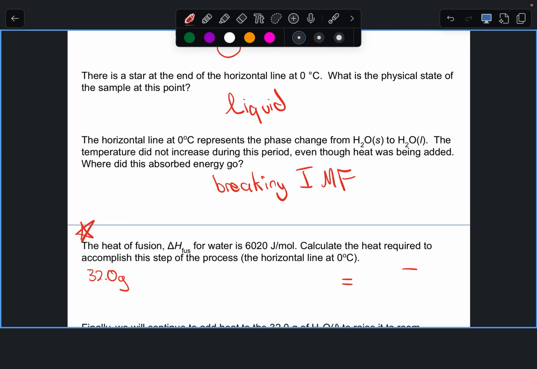So I'm looking for a heat, joules, energy, enthalpy, kind of all the same thing at this point. I need to convert this to moles because delta H of fusion is in joules per mole. And then that's going to tell me the energy change associated with the phase transition. No change in temperature at this point, just the phase itself.